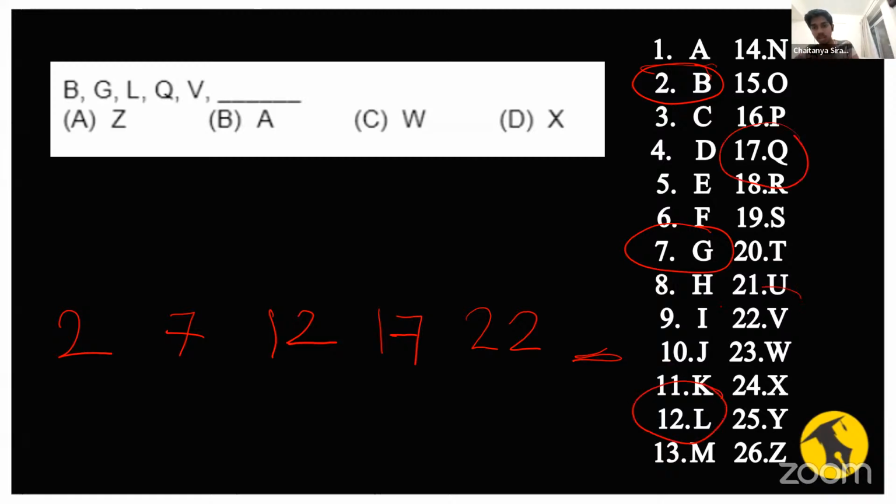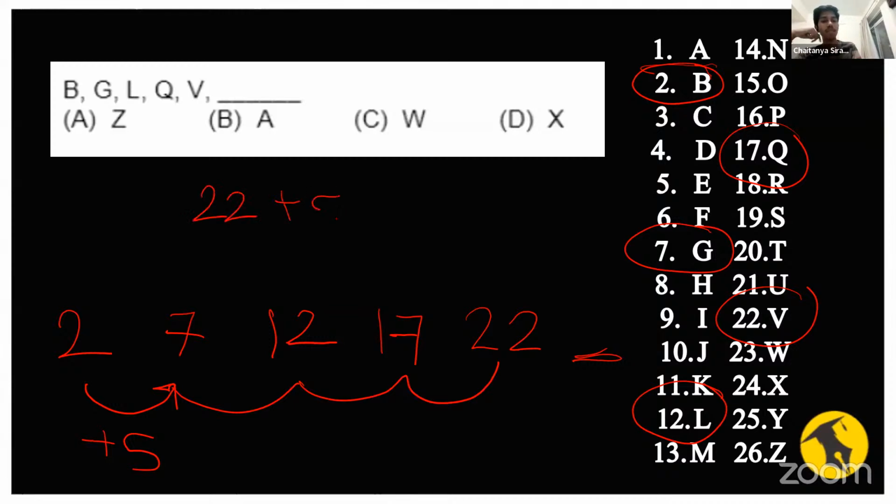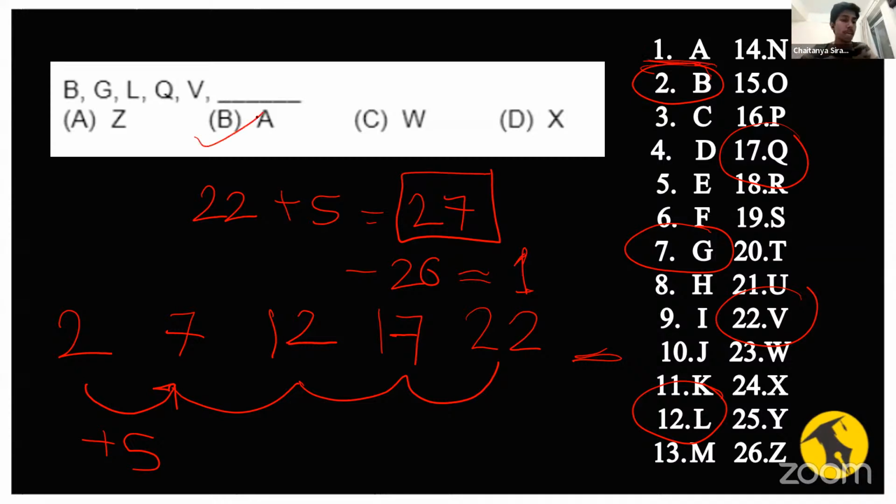So again, this is the same pattern, just the initial letter is different. Here as well, I'm adding 5 each time. If I add 22 plus 5, I'll get 27. Now this number exceeds 26, so we subtract 26 and we get the answer as 1, and 1 corresponds to A. So the correct answer in this question will be option B.